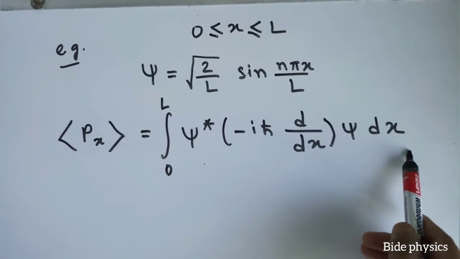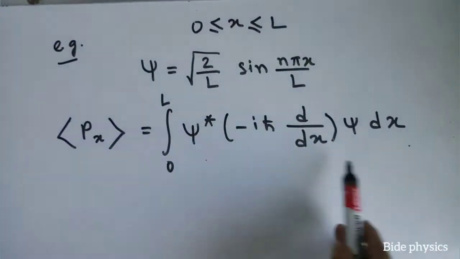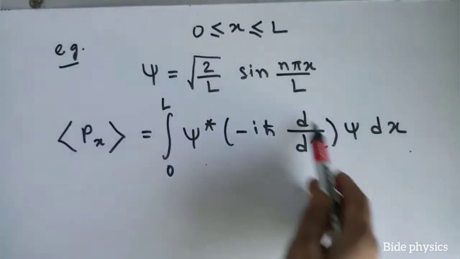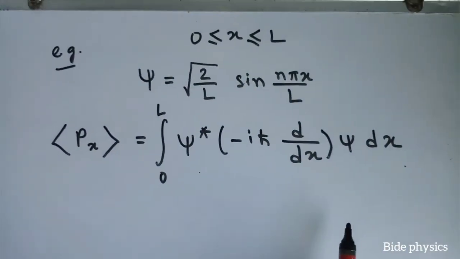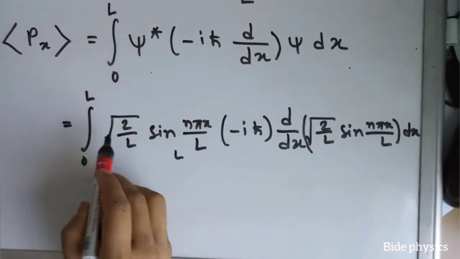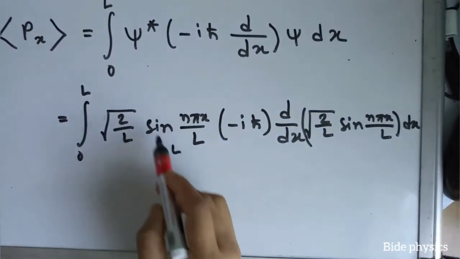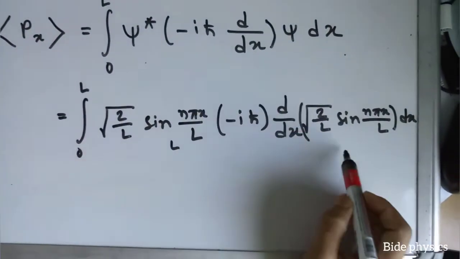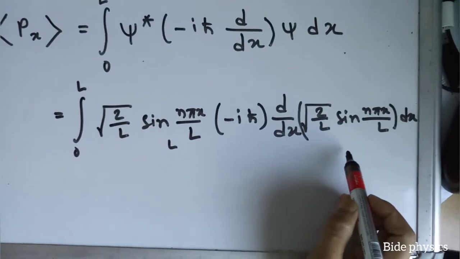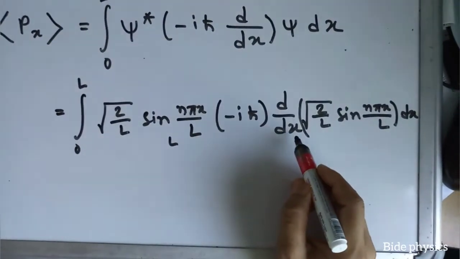Okay, now our work is made easy. I have written this equation in explicit form, so I have put the values of psi star and psi. Now I'm going to operate on this term by d/dx.